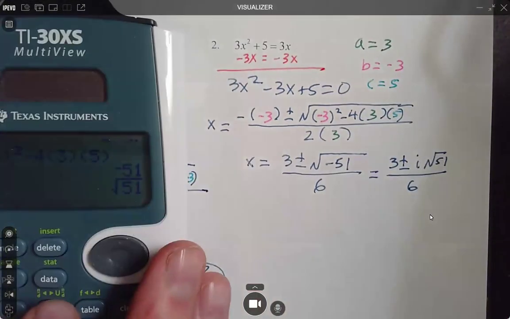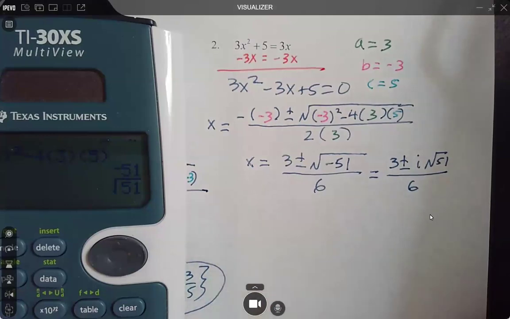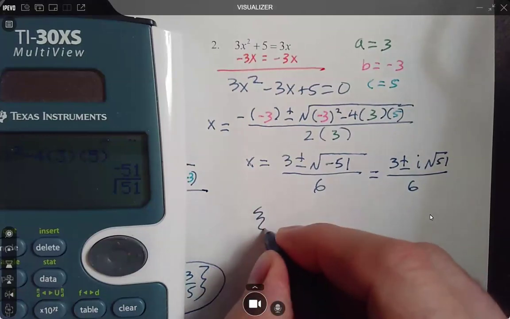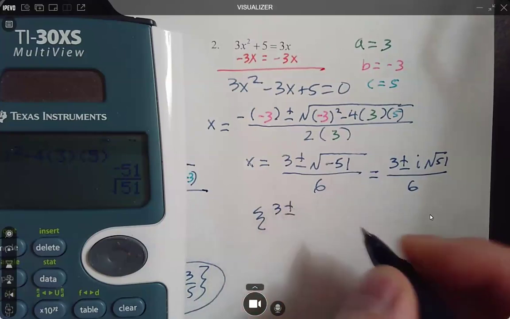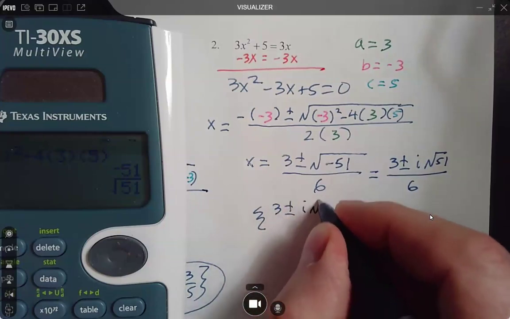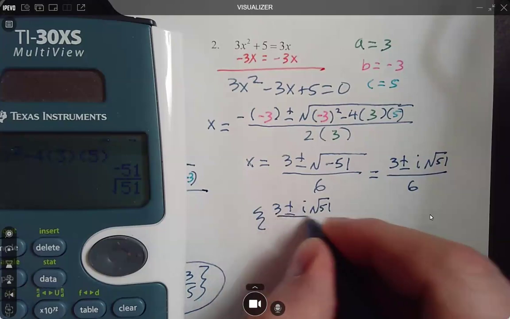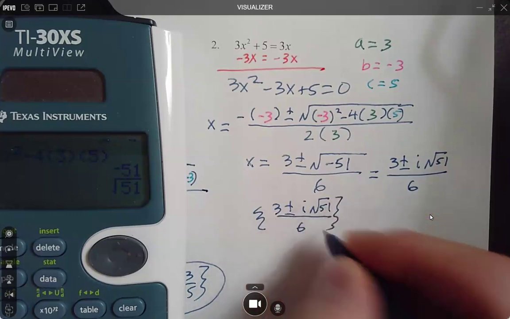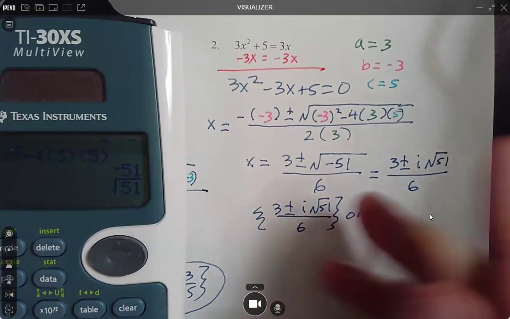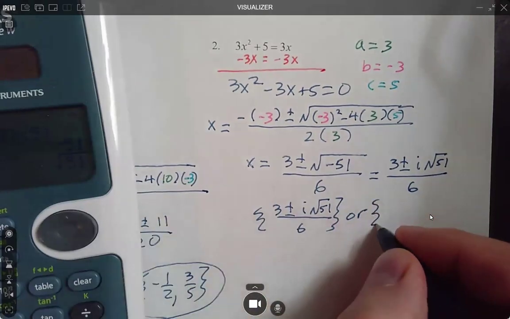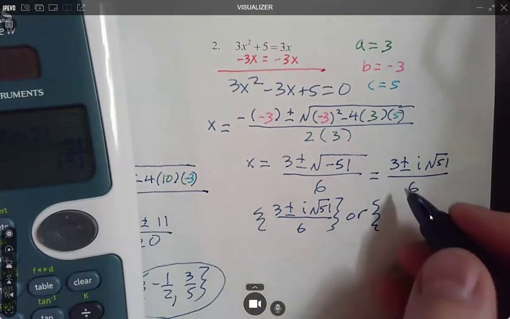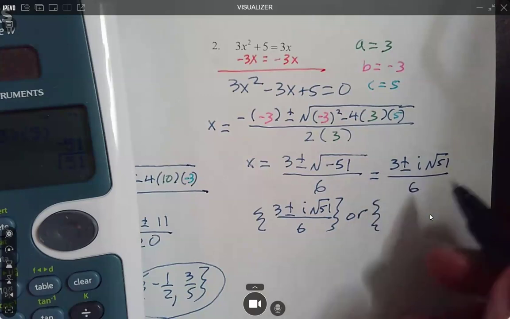Now, we have a couple ways we can write the answer. Sometimes you'll see it written this way. So that's one way. Sometimes they'll have you actually split it out by terms.